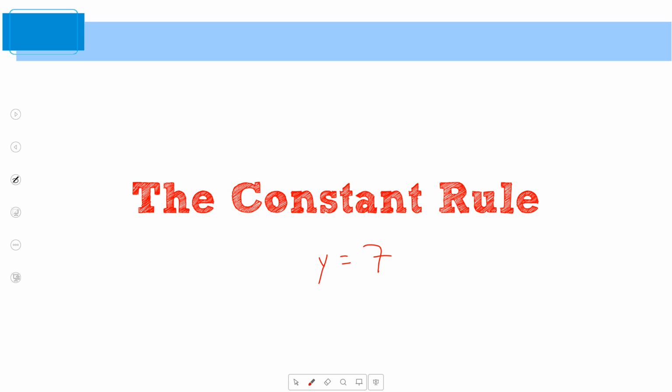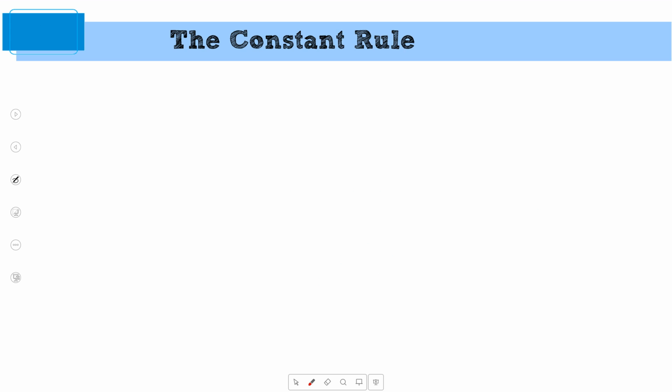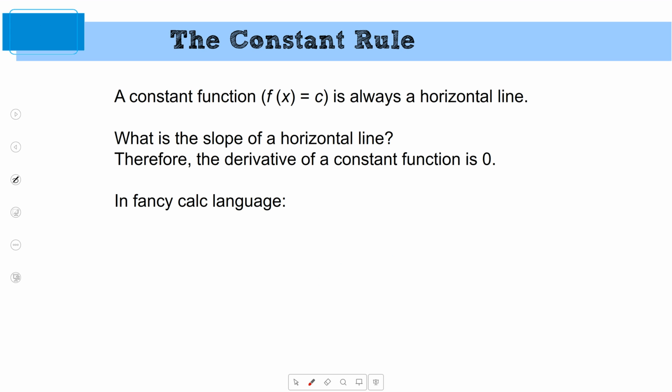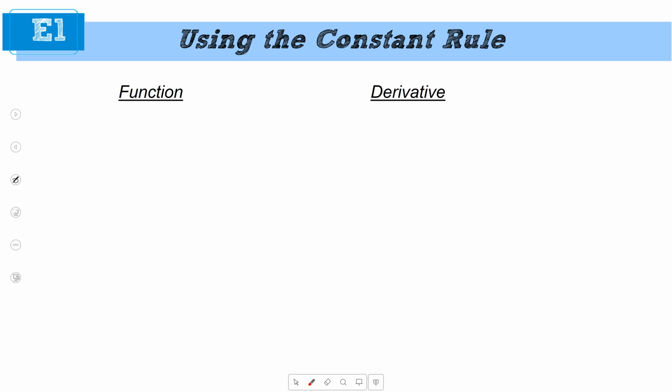Right? Because the derivative of a line is the slope of that line, and the slope of any horizontal line would be 0. So anytime you take the derivative of a constant, you get 0, which is what that says. The derivative of c, a constant, is always equal to 0.